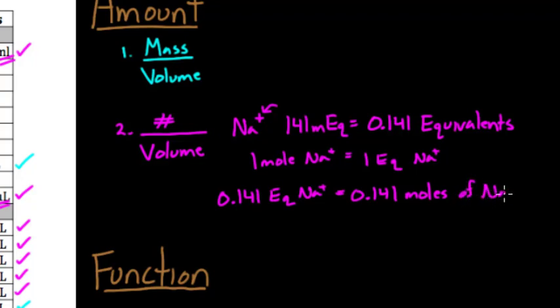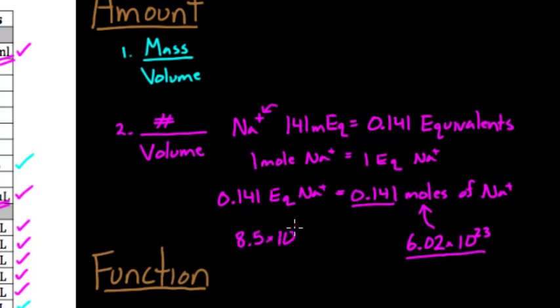And you know that moles, this is just Avogadro's number, right? This is just 6.02 times 10 to the 23rd, just a big, big number. So if I actually multiplied this times this, I actually just did it right here with my calculator, you can find that 0.141 times 6.02 times 10 to the 23rd is about 8.5 times 10 to the 22 sodium ions.